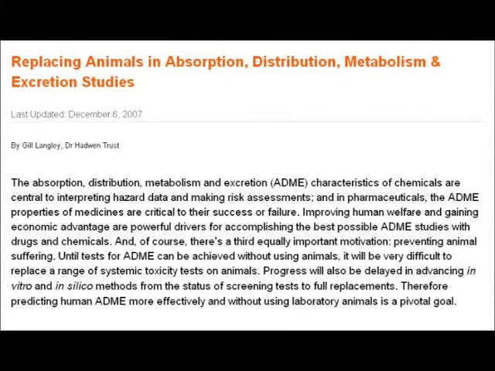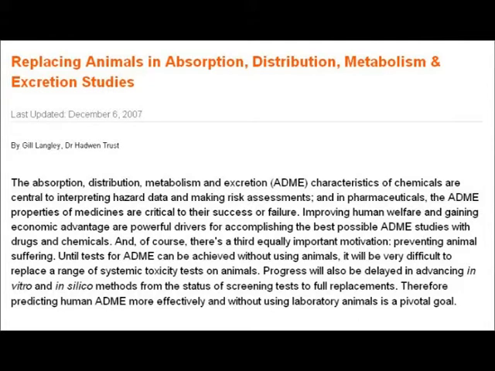So here we are looking at Jill Langley's article called Replacing Animals in Absorption, Distribution, Metabolism and Excretion Studies. The first paragraph reads, "The absorption, distribution, metabolism and excretion (ADMER) characteristics of chemicals are central to interpreting hazard data and making risk assessments.